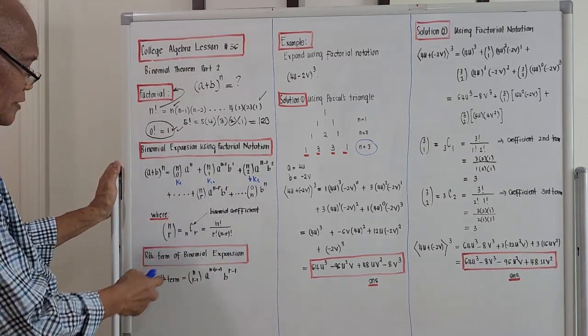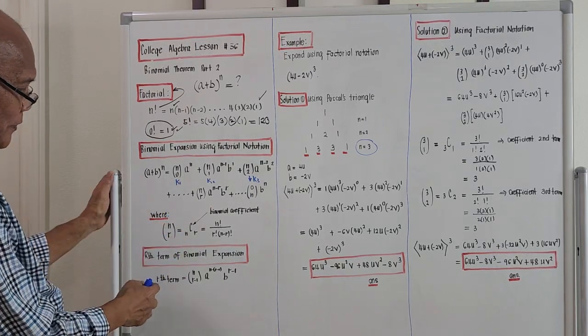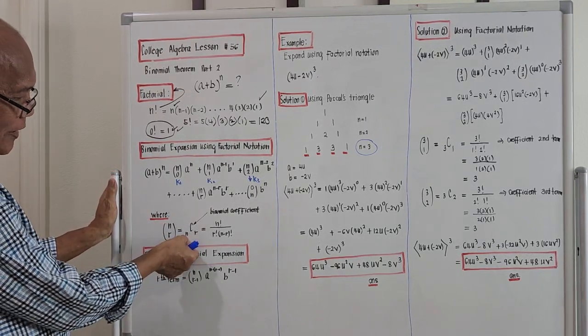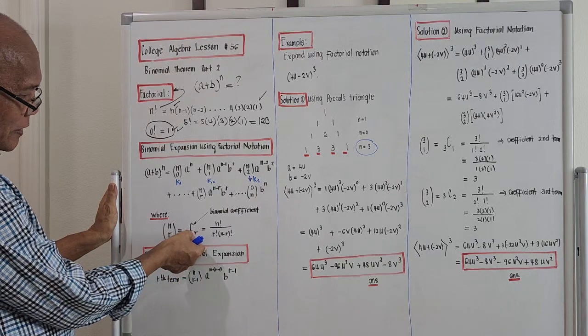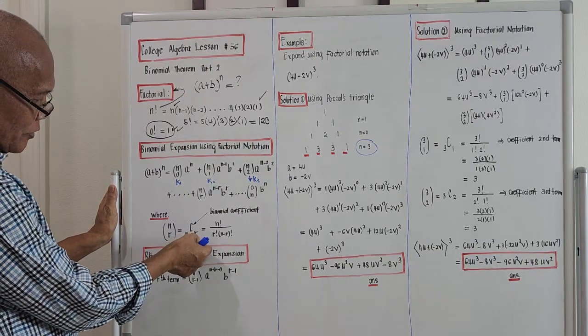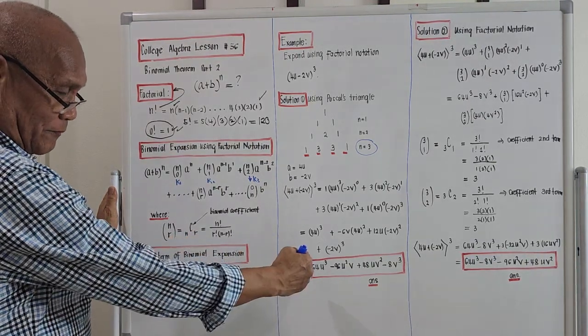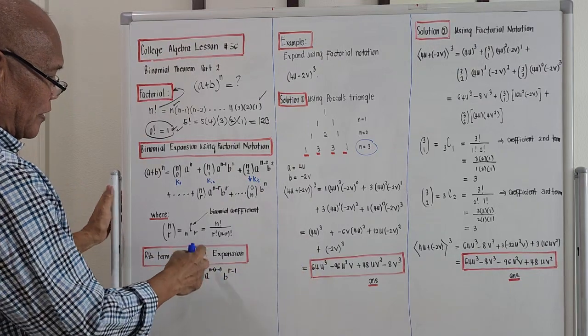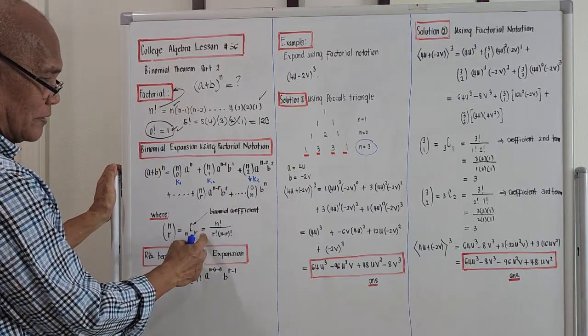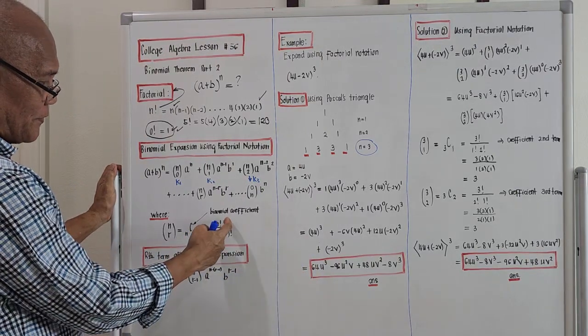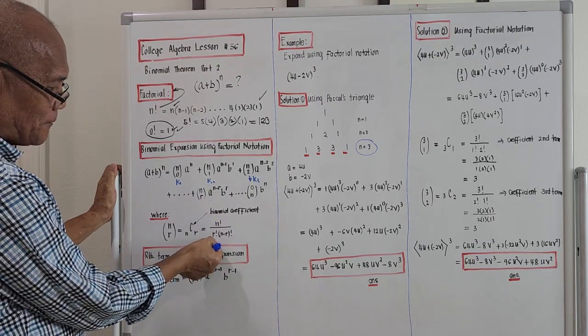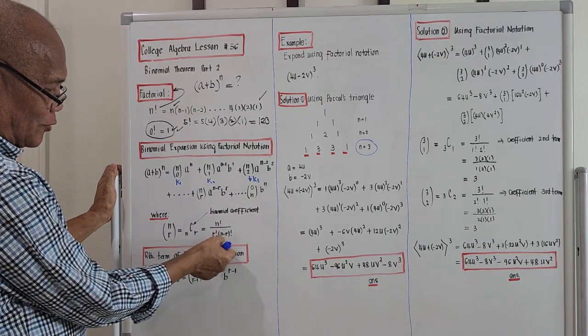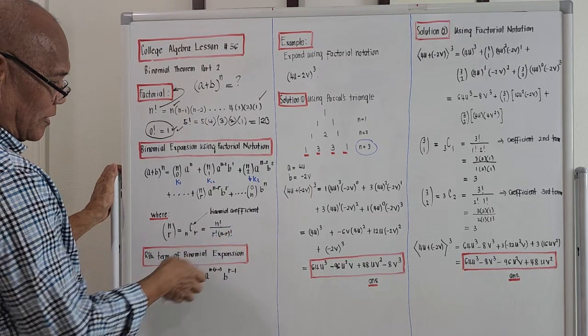So I will try to read this. If we try to expand this one, it should be a subscript n in front, capital letter C, a subscript r on the far end, right? Okay, and this should be equal to n factorial over r factorial times the quantity n minus r factorial.